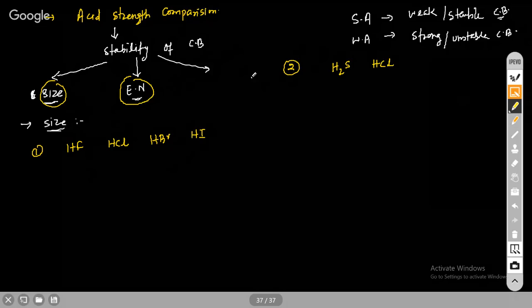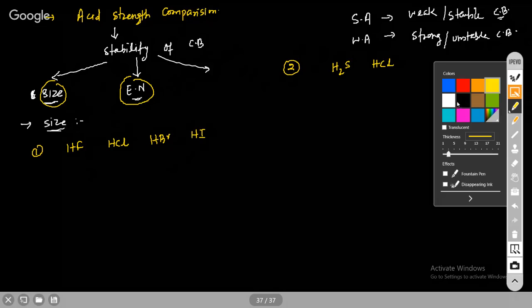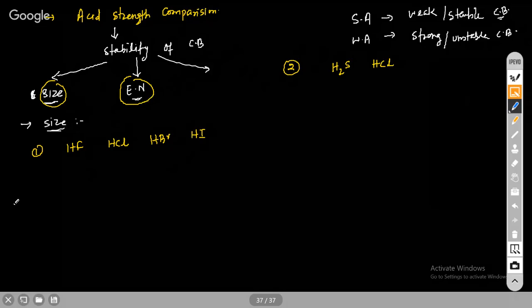Okay, let it be. Now you see here, we have to first form the conjugate base of this, and that we can form by removing H plus. So here we get F minus, here we get Cl minus, here we get Br minus and I minus.